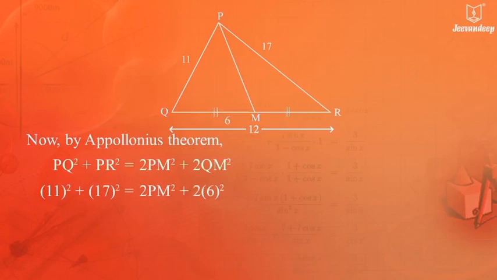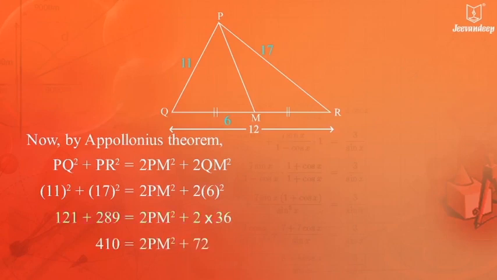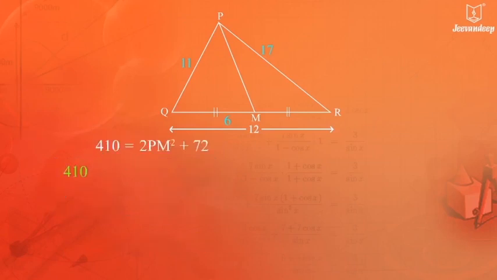Putting the values in this equation, we get 11 square plus 17 square equals 2PM square plus twice of 6 square. 121 plus 289 equals 2PM square plus 2 multiplied by 36. 410 equals 2PM square plus 72. 410 minus 72 equals 2PM square. 338 equals 2PM square.